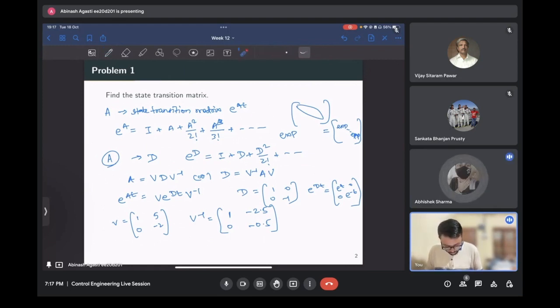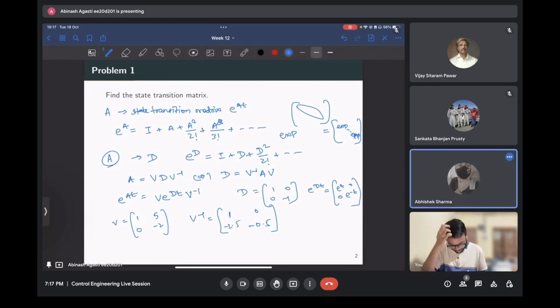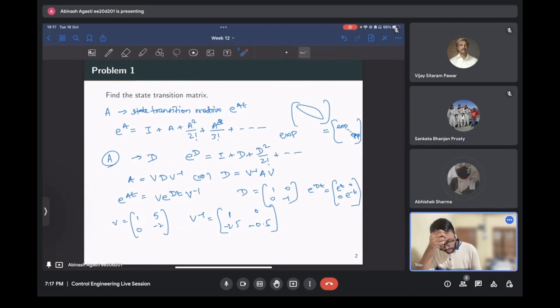If you multiply V with V inverse, do these rows and columns come to 1?